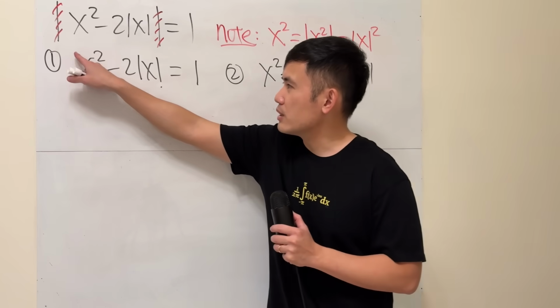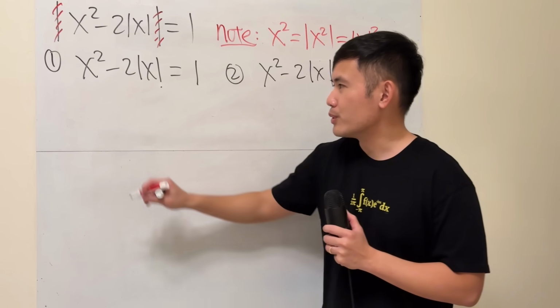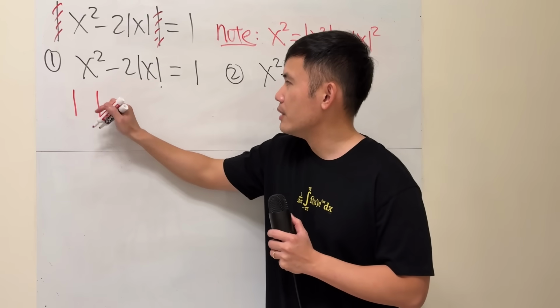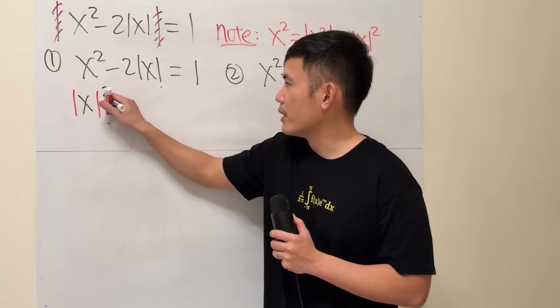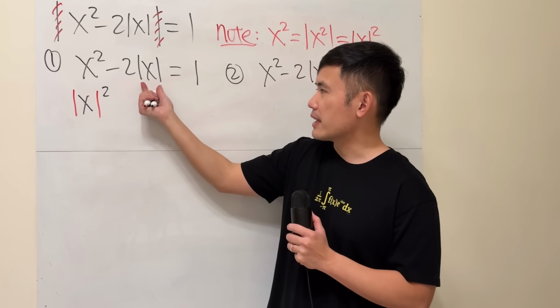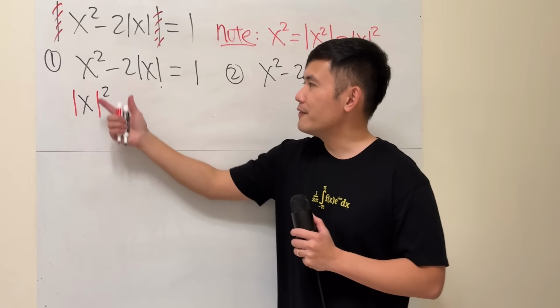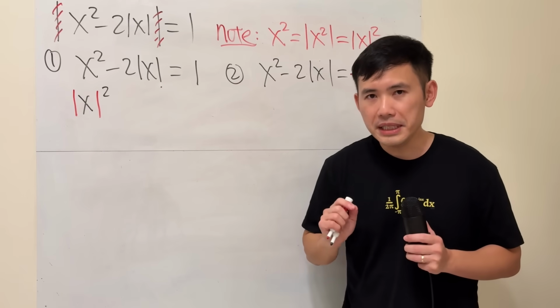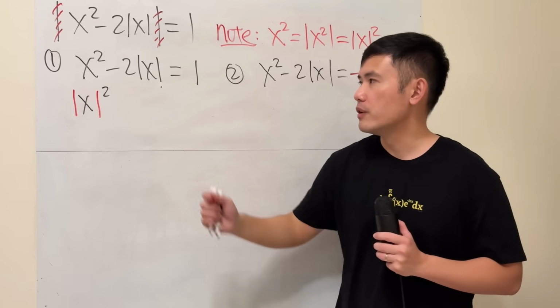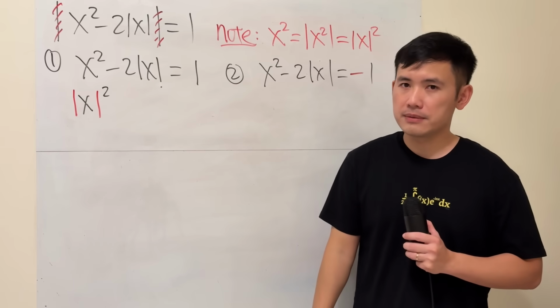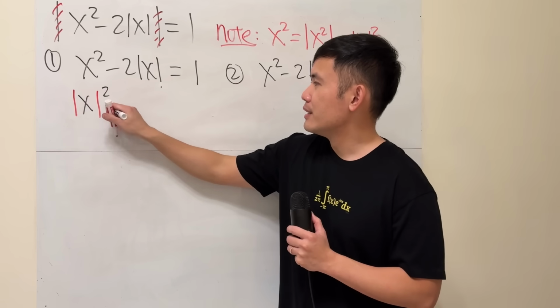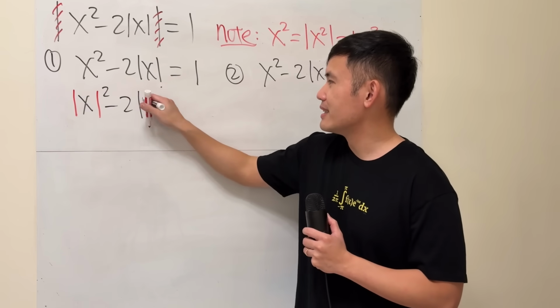So you can actually attach the absolute value around here. So I'm going to do that right here. Absolute value of x and then square. And notice that we have absolute value of x to the first power. So in fact, this is going to be a quadratic equation, but in terms of absolute value of x. It's really the same, I'll tell you that.